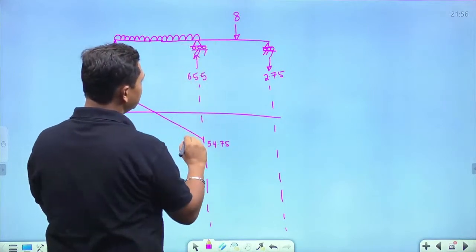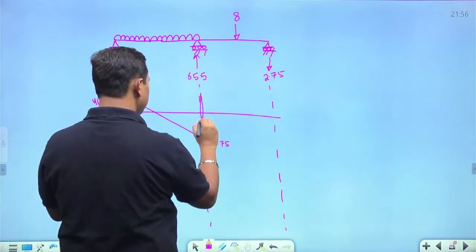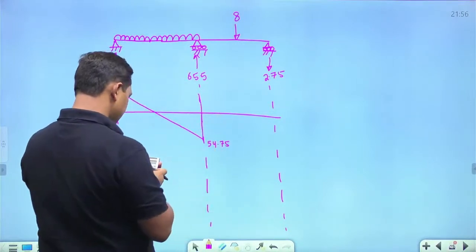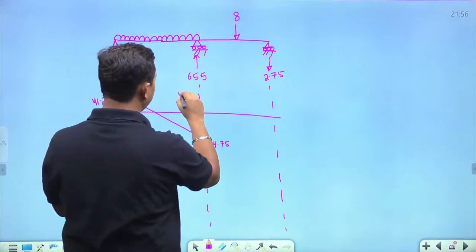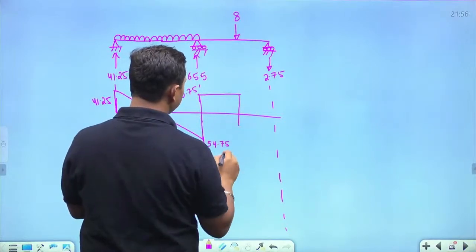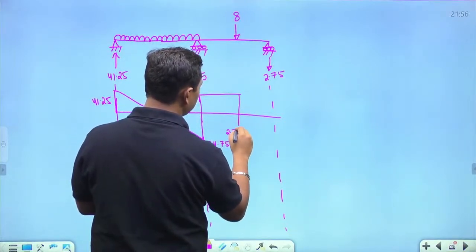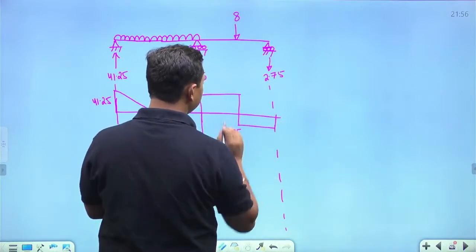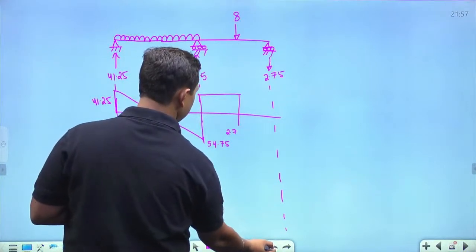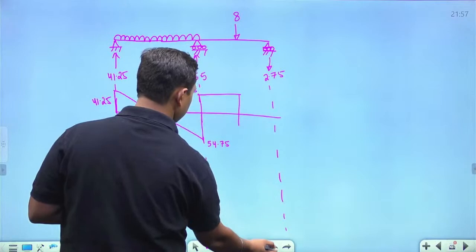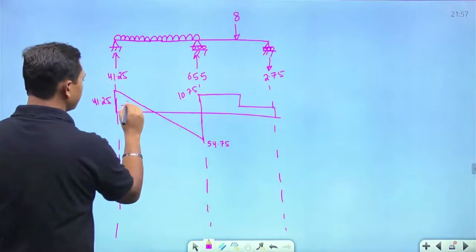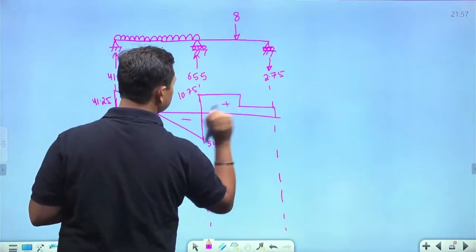Then there is plus 65.5, so it will go up by 65.5. So this will become 10.75. Then it will be straight. Then minus 8, it will become 2.75, and now it will become 0, like this. So plus, minus, plus.